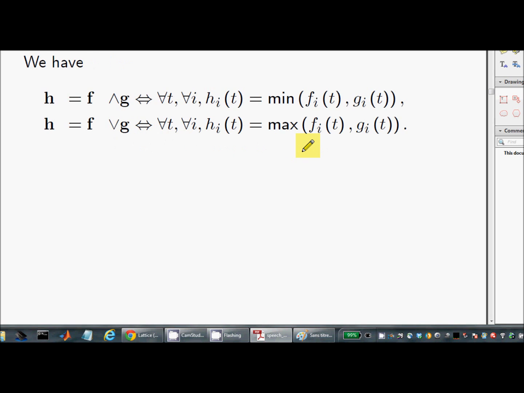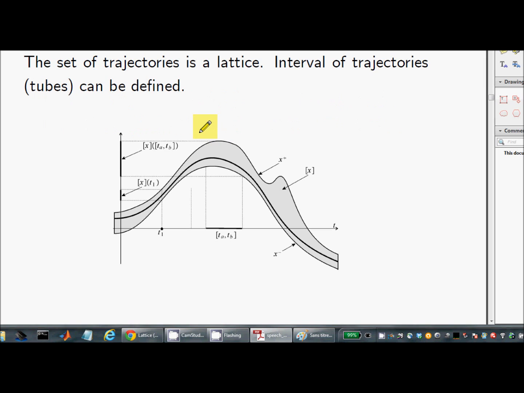I can define, as explained before, the infimum and the supremum, and the set of trajectories is a lattice. I can define intervals of trajectories, and these interval trajectories are tubes. So I will be able to define the intersection, the union, and so on.